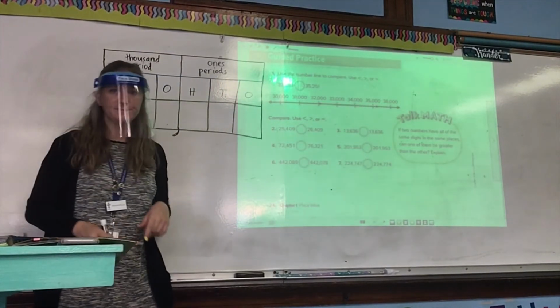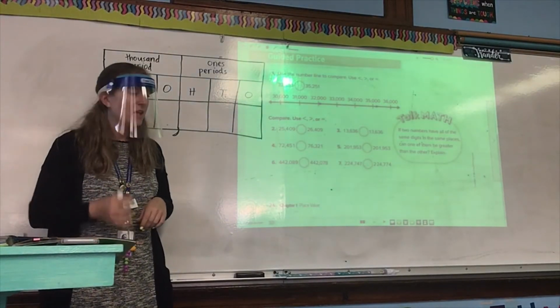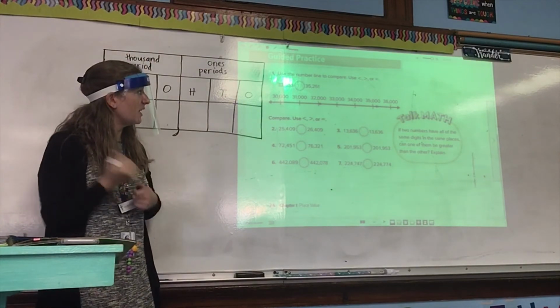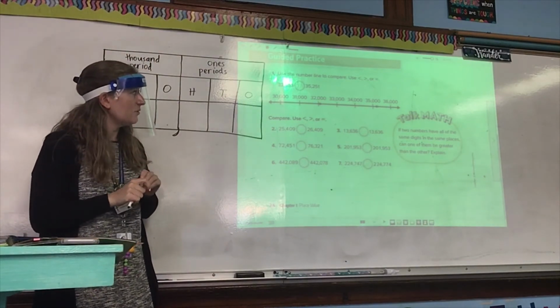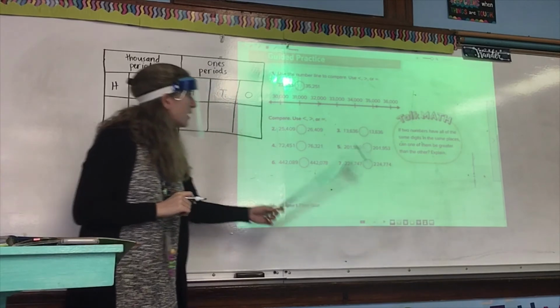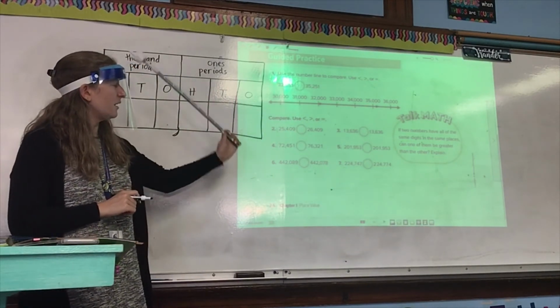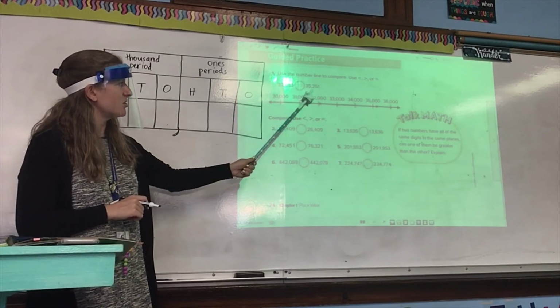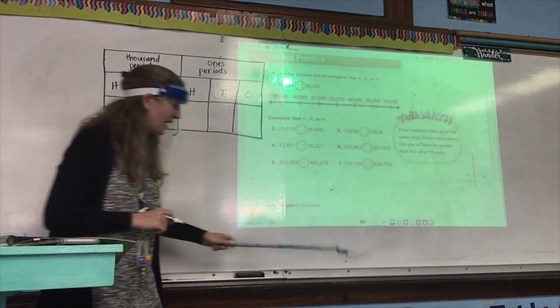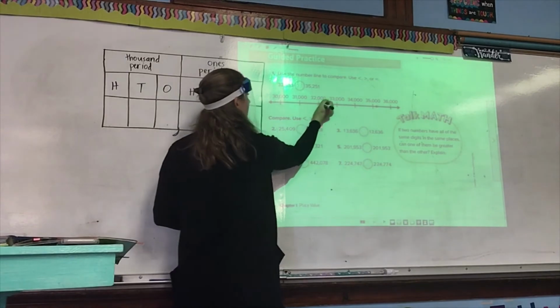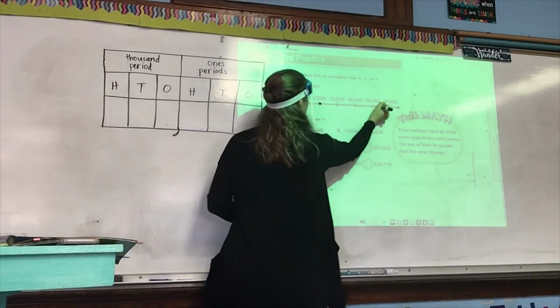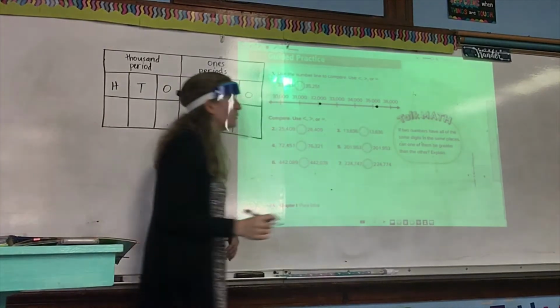Let's look at number 1. Number 1 says use the number line to compare. Use less than, greater than, or equal to. So, step 1, we have 32,053 on the left, and we have 35,251 on the right. They've already got our dots for us, but we need to figure out which one is which.